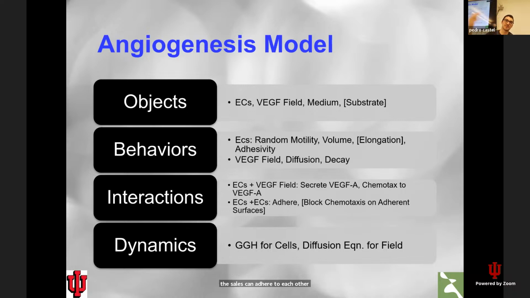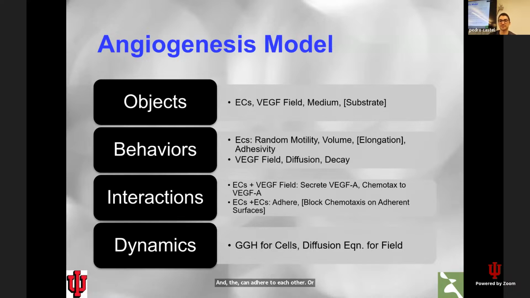VEGF can diffuse and decay and be secreted by endothelial cells. Interactions: endothelial cells secrete VEGF, and endothelial cells also chemotax towards VEGF gradients. Endothelial cells can adhere to each other or could repel too.